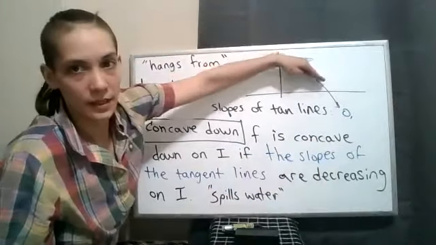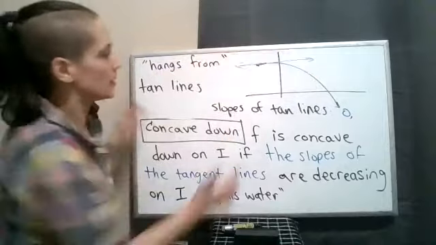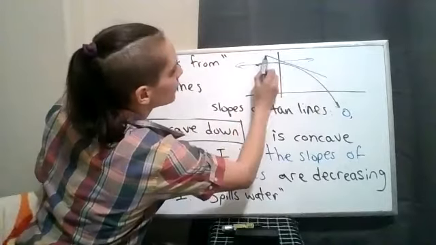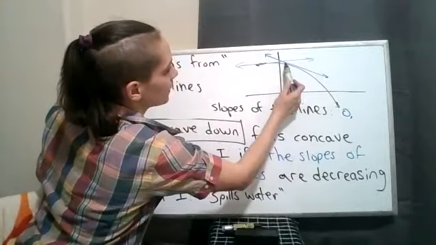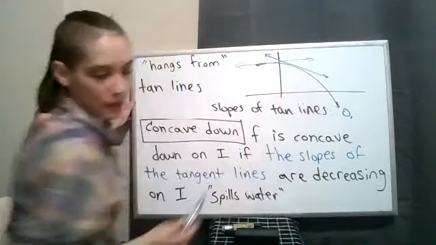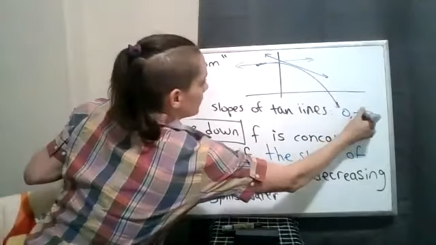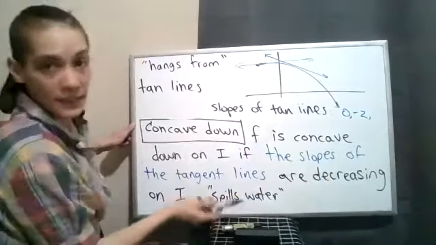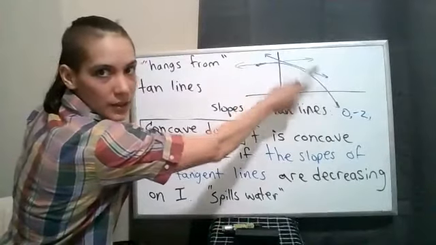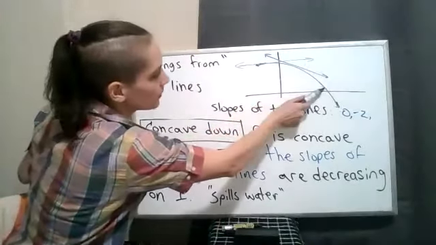The next one goes down and over, so it has a slope like -2. Then another slope over here, let's call it -6.